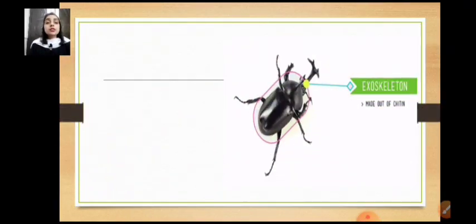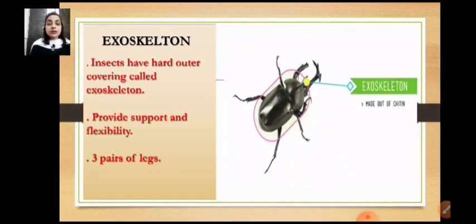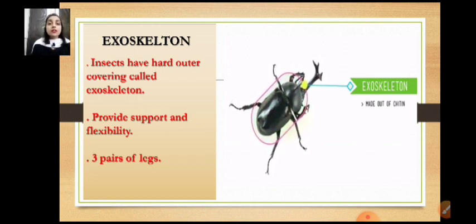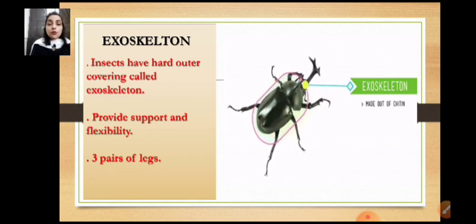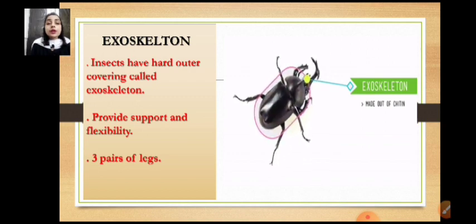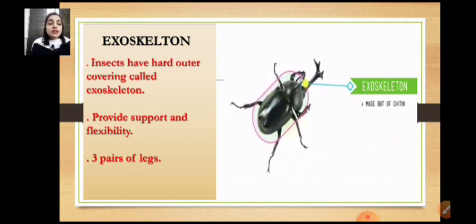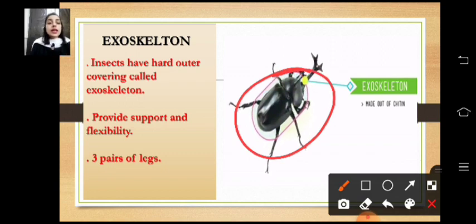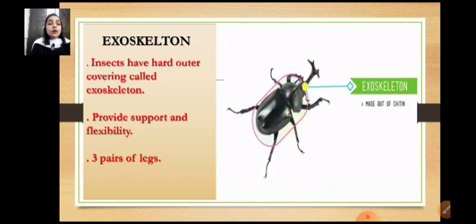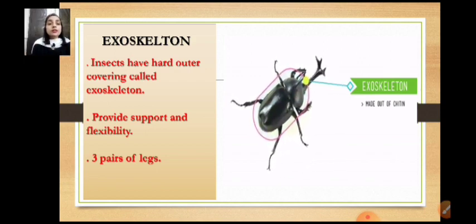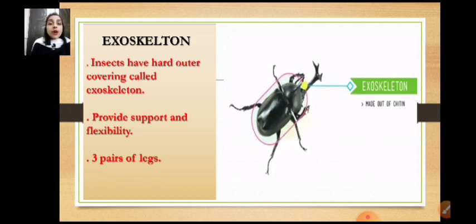Insects do not have a skeleton. They do not have bones at all. So what do they have? What do they consist of? Insects have a hard outer covering called the exoskeleton. This is the exoskeleton of the insect. It is a very hard outer covering and it is made up of chitin.